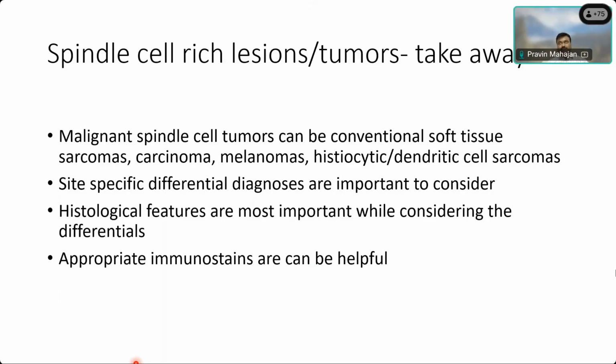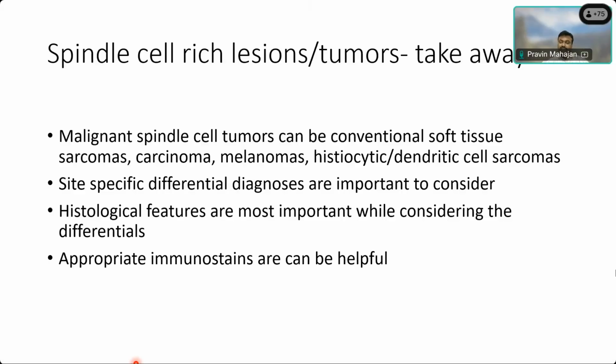Just to give two examples, malignant peripheral nerve sheath tumor is a spindle cell tumor, but there is a variant called epithelioid MPNST. Leiomyosarcoma by and large is a spindle cell sarcoma, but there is a variant called epithelioid leiomyosarcoma. So mesenchymal tumors having spindle cell morphology can also show an epithelioid variant, or there are mesenchymal tumors which will have only epithelioid morphology, like carcinoma.